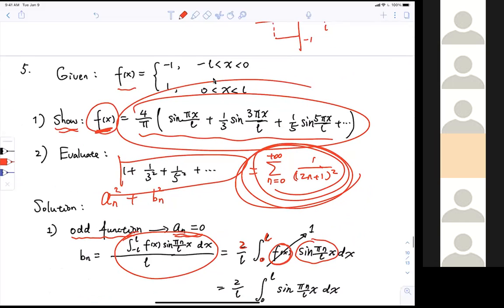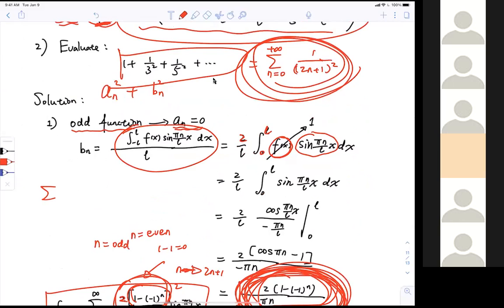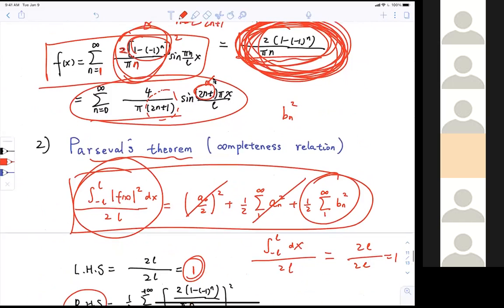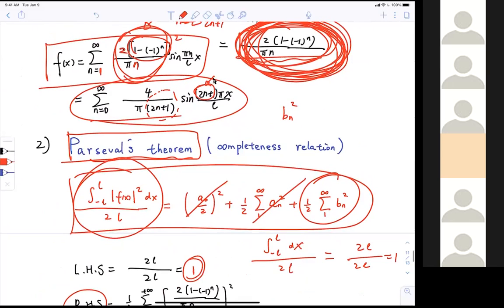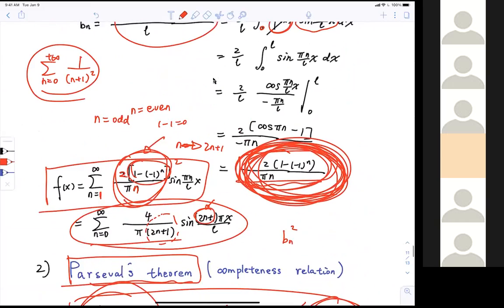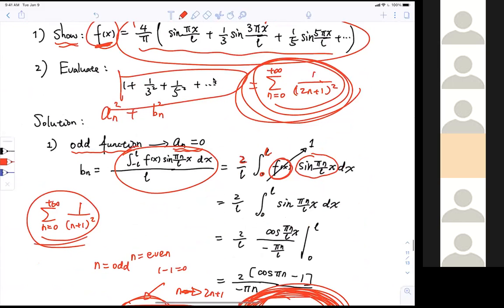Basically my point is, whenever there's a question asking you to evaluate this kind of summation of this kind of series, then you should be able to use this theorem. Otherwise, you can set your x to some specific number and get the result. Those are two ways to get the result of this kind of summation.